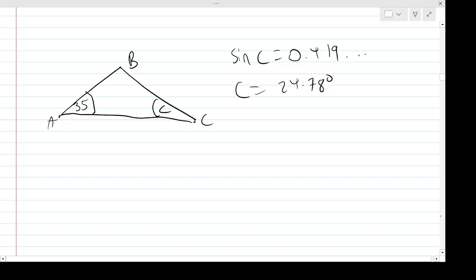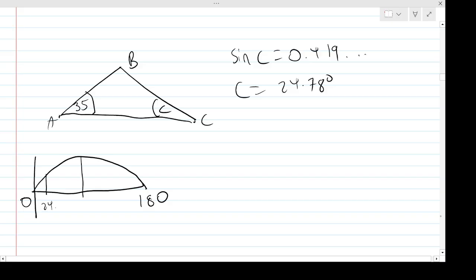Well, there would be. Again, to work that out, consider the sine curve between 0 and 180. 24.78 is going to be roughly there, bearing in mind 90 is in the middle. So 24.8 is there, and the other solution, if we go across like this, would be about there. So that'd be the other value of C, the other angle for C. How do we work that out?